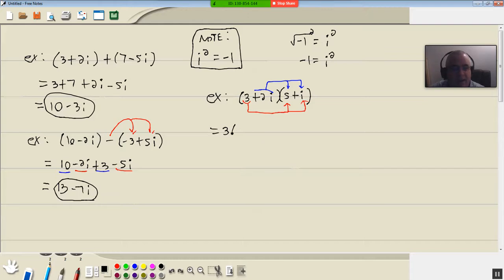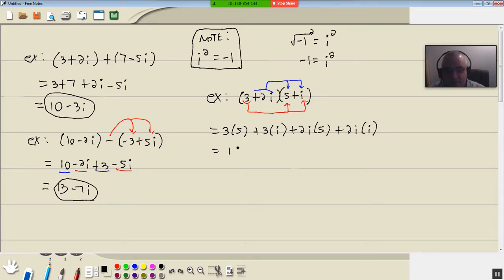So we're going to have 3 times 5. We'll have 3 times i. We'll have 2i times 5. And we'll have 2i times i. I'm just following the lines to see what to multiply together. Or this is FOILing: first, outer, inner, and last.